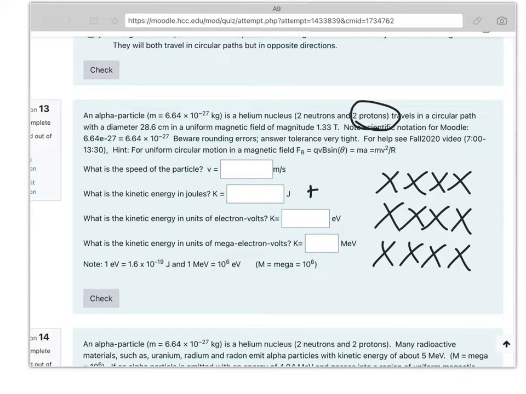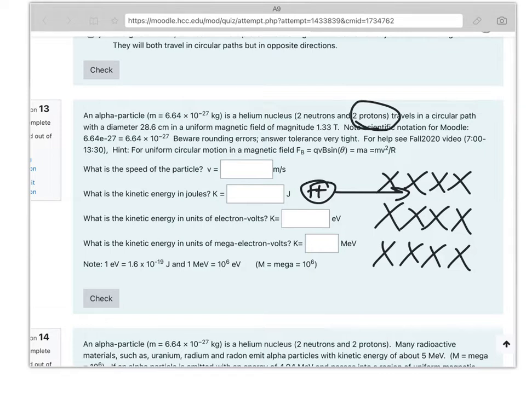So I'll draw the alpha particle. When it enters the magnetic field, if it's, say, going along the x-axis, and the field is into the board, we use right-hand rule number 1. I point my finger along the x-axis, my bent fingers point into the page, and my thumb points up.